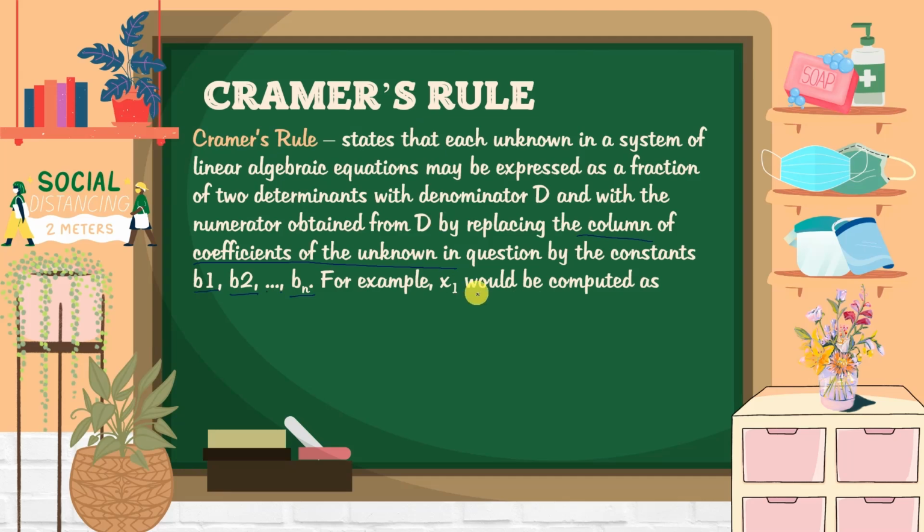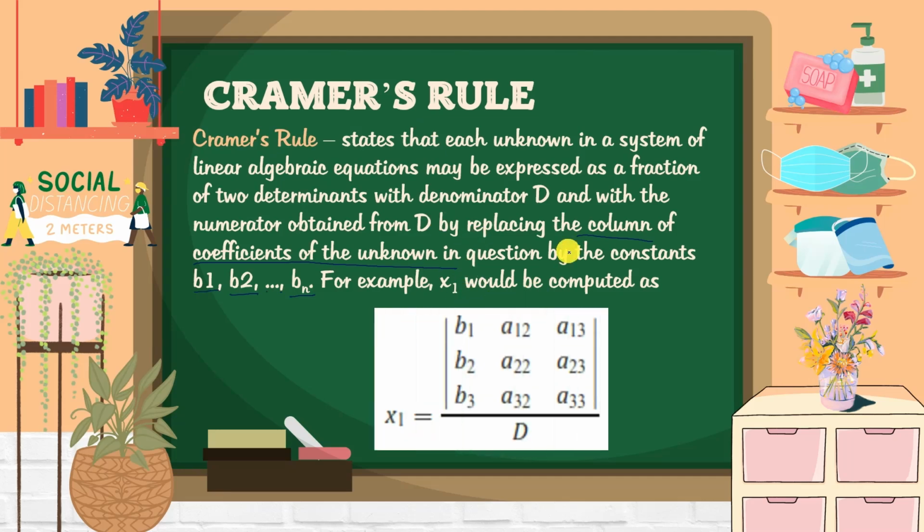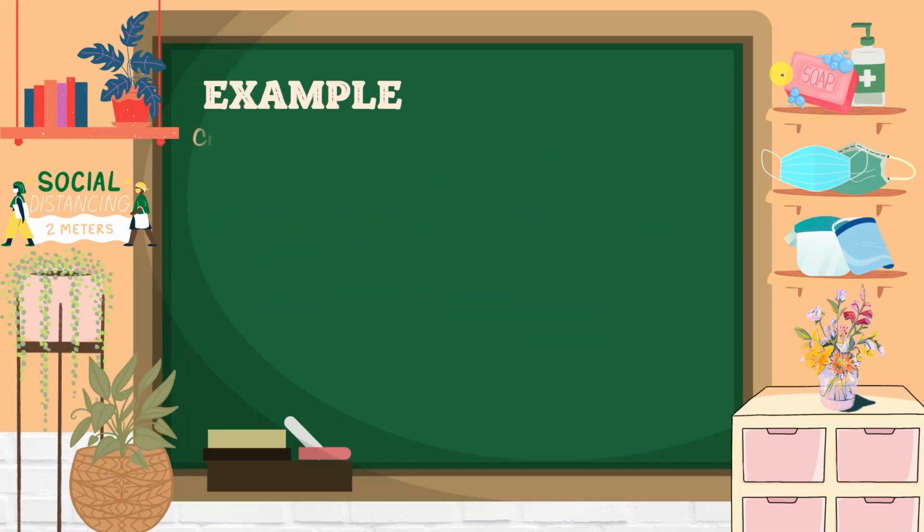So, for example, x sub 1 would be computed as the determinant in the denominator and also obtaining the determinant but replacing a11, a21, a31 with b1, b2, b3, and let's have an example.